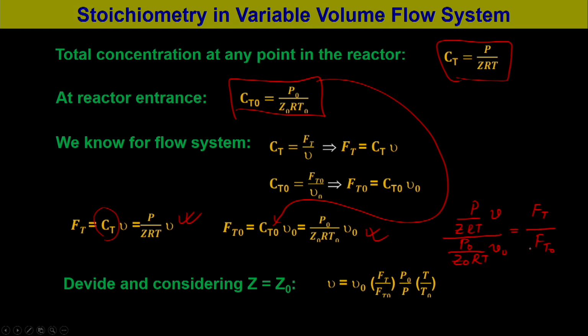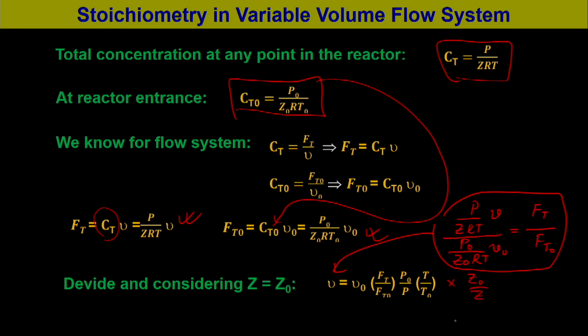If we rearrange this, we would obtain V equal to V naught F T by F T naught into P naught by P into T by T naught, and that into Z by Z naught.